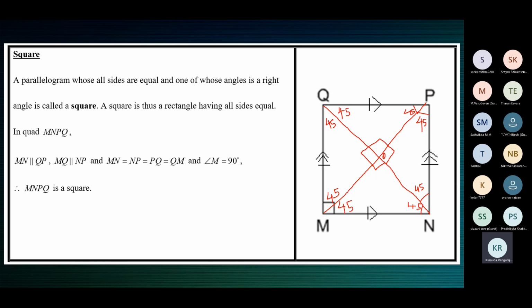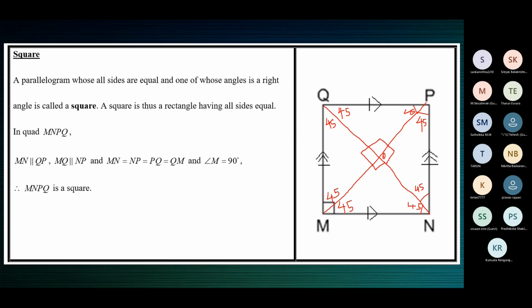They're all right isosceles triangles, because you can see the angles equal 45, 45. When two angles are equal, the sides opposite to them are also equal.